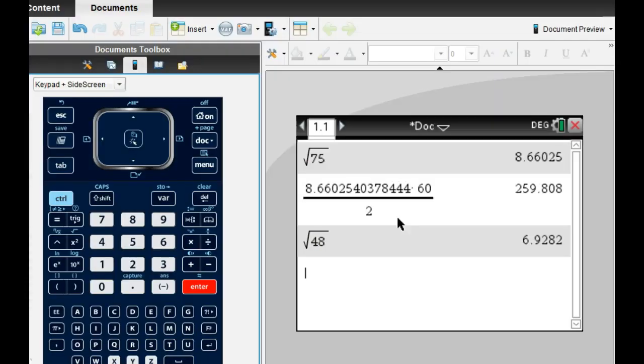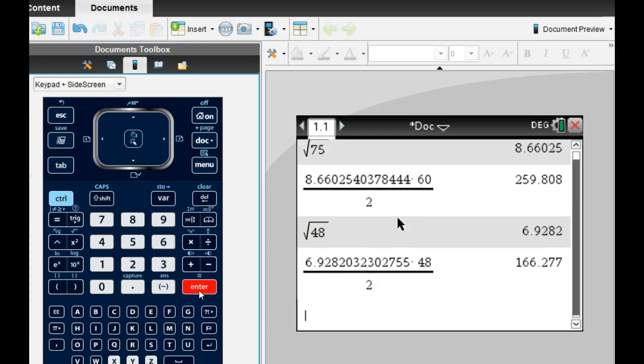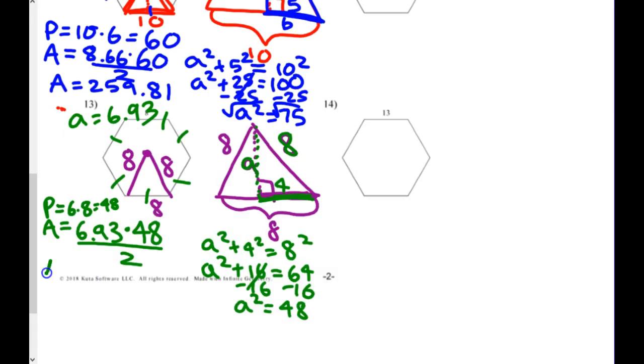And for area, again, we're going to do little a, so apothem, 6.93, times the perimeter, which we just got is 48, divided by 2. So apothem times perimeter divided by 2. So let's do that. There's the apothem times the perimeter divided by 2. I get 166.28.